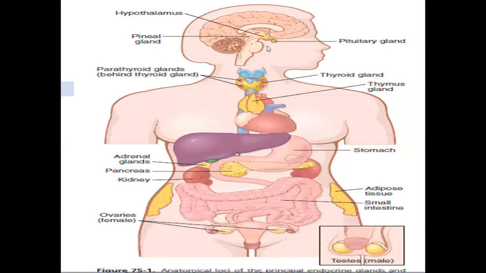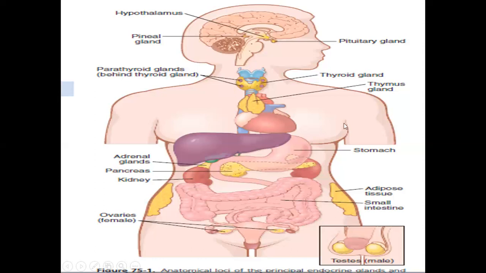Now, in turn, hormones produced from the pituitary gland, when secreted into the circulatory system, are brought to the specific target tissues. Let's say, for example, your TSH, your thyroid stimulating hormone, acts upon the cells in the thyroid gland to produce thyroid hormones, particularly T3 and T4, and among others.